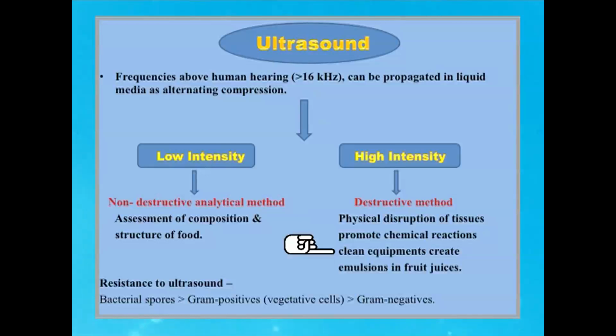The high intensity ultrasound also creates emulsions in the fruit juices. So in this way, the high intensity ultrasound can be used for the preservation. Now the resistance to the ultrasound is again shown by the microbial cell, where we find that bacterial spores are more resistant in contrast to the gram-positive and the gram-negative bacteria.